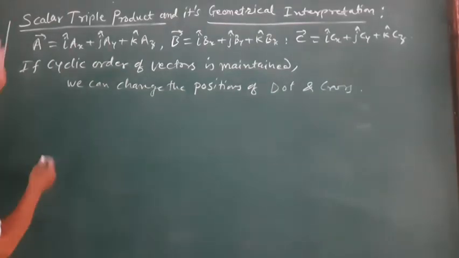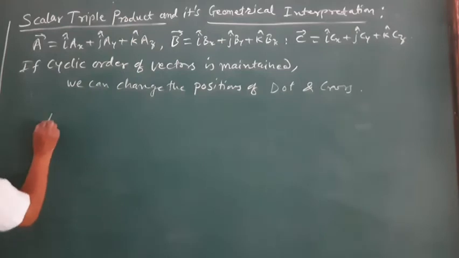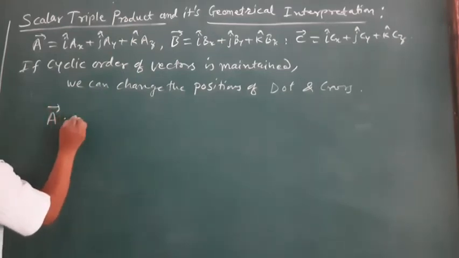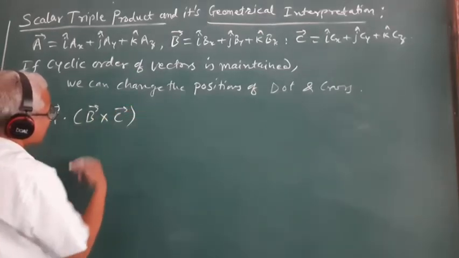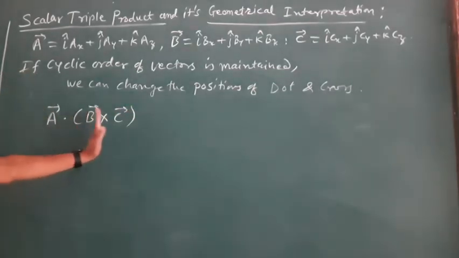If we have three vectors a bar, b bar and c bar, the scalar product of such three vectors is expressed like this, say a bar dot b bar cross c bar.